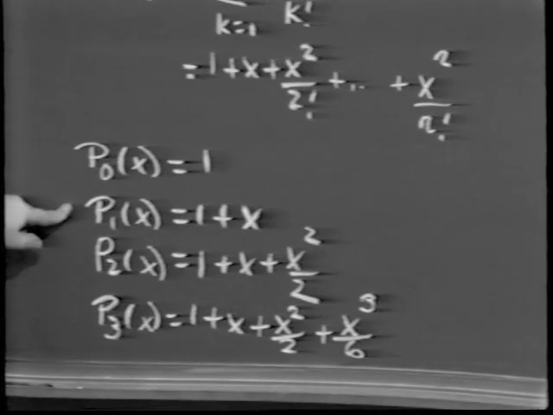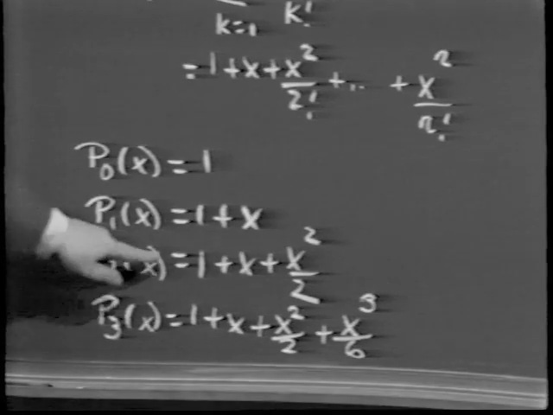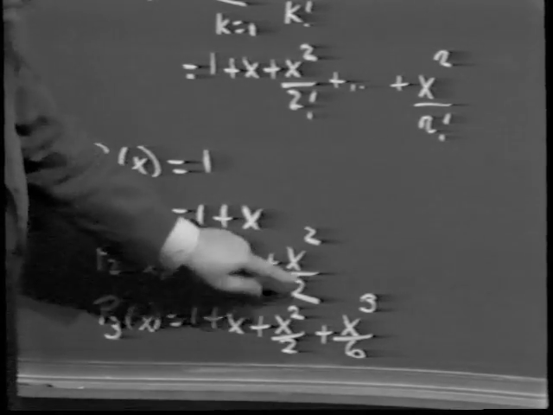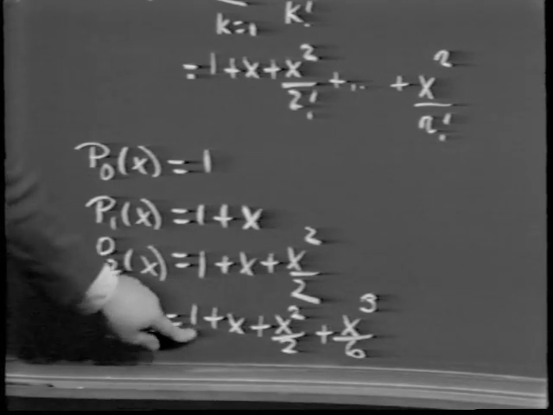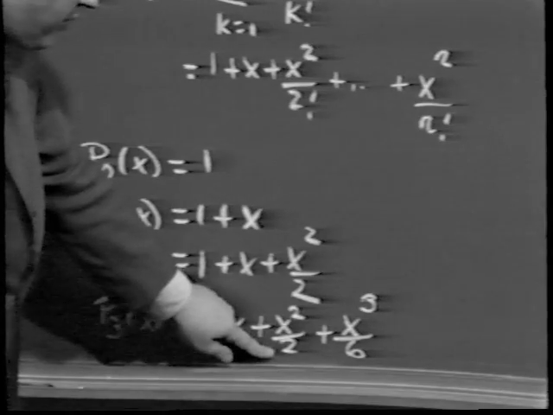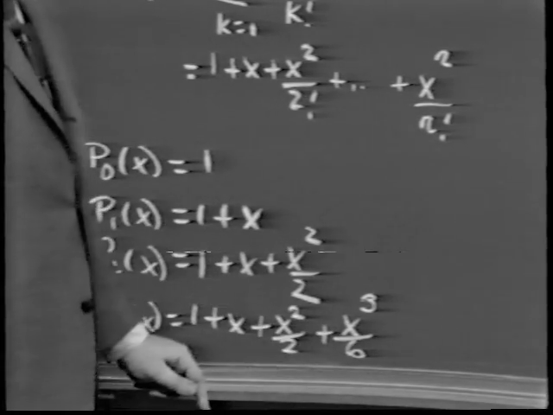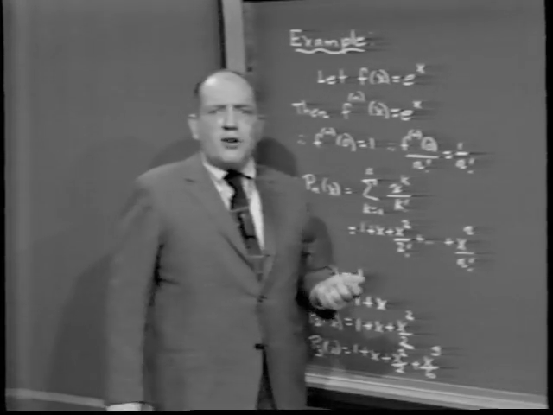The straight line approximation for the highest degree of contact at the origin is y equals 1 plus x. The best quadratic approximation is y equals 1 plus x plus x squared over 2. The best cubic fit is when y is 1 plus x plus x squared over 2 plus x cubed over 6, 6 being 3 factorial. And we can continue on this way, getting better fits as we add more and more terms.